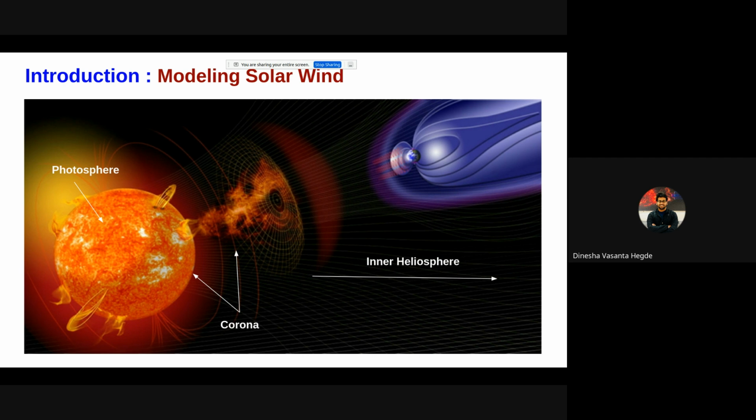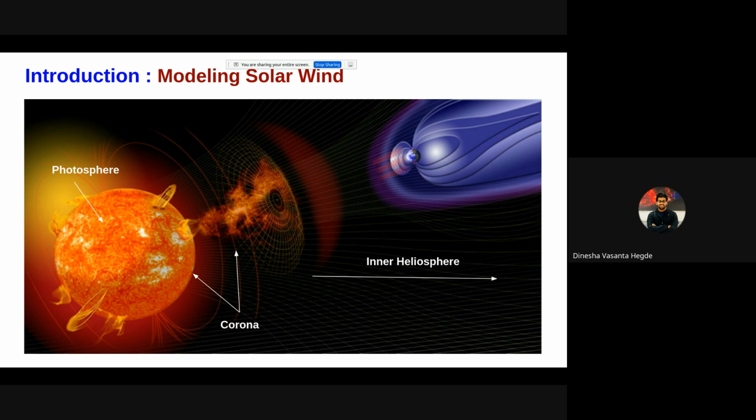Modeling solar wind involves a modular approach, because the level of physics, the computational complexities and the observational uncertainties decide our approach, starting from Parker's approach with very basic assumptions. Now we have come so far, with very sophisticated models like 3D MHD models with data-driven simulations.